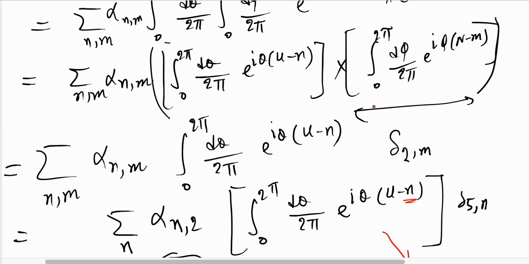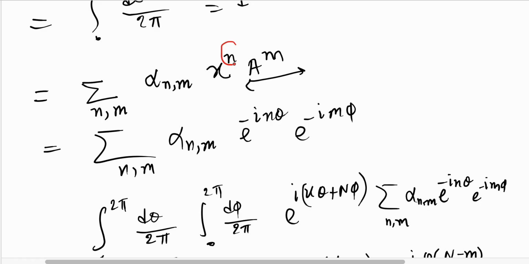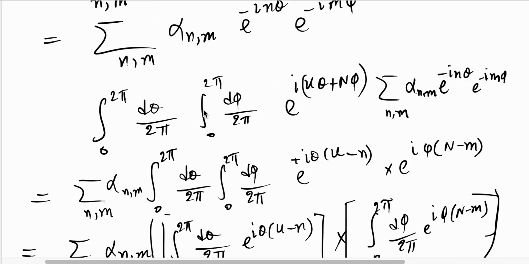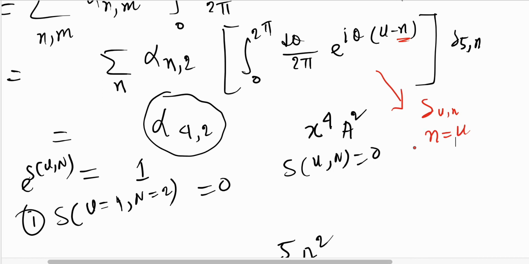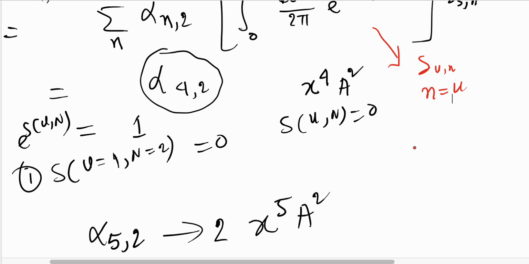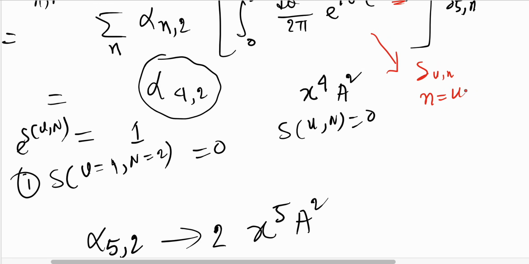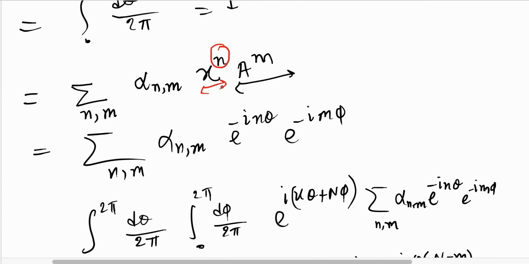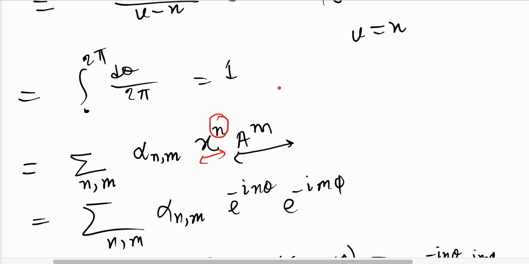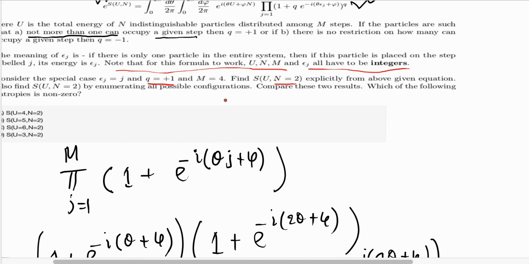What is the n? n is nothing but the exponent of x. So the exponent that is equal to u will contribute, all the others will not. And if n is equal to u, then we have to find the coefficient of the series term x to the power n, alpha to the power n.